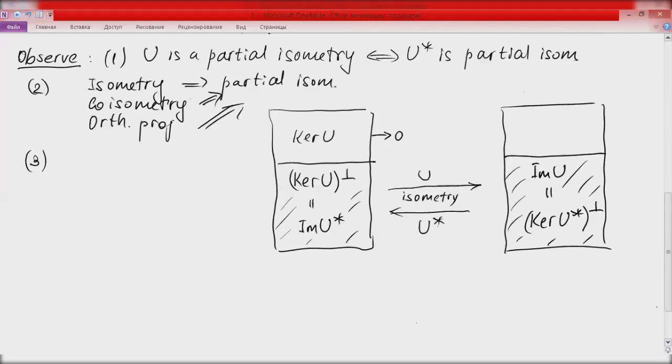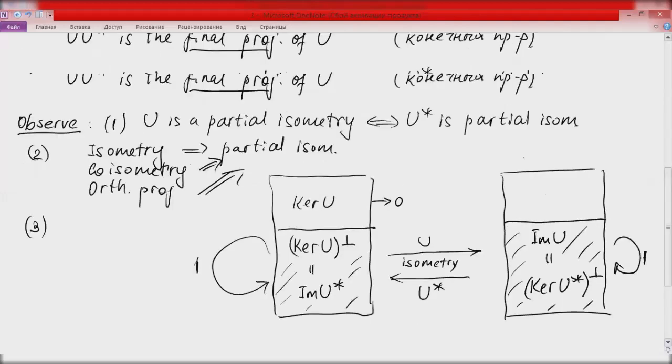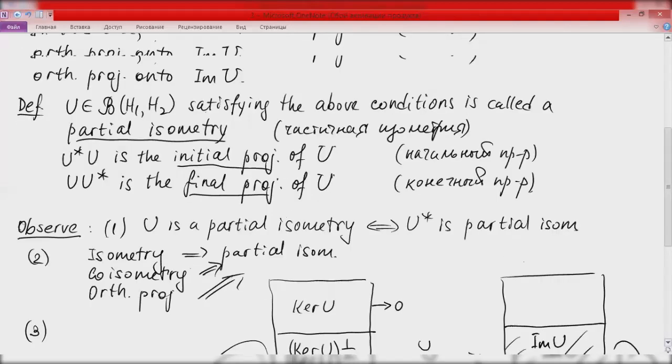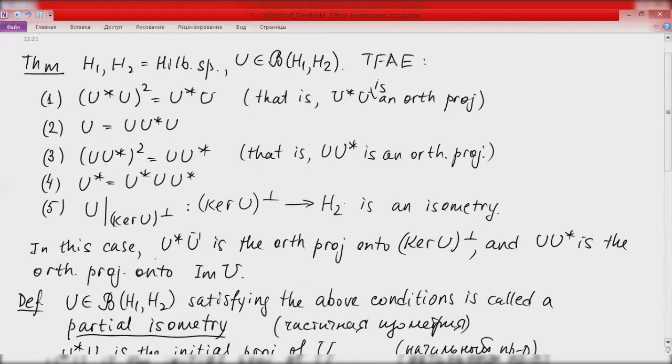And finally, if we compose these two maps restricted to the respective subspaces, then we get the identity maps. The identity map here and the identity map here. And this is immediate from conditions 1 and 3.